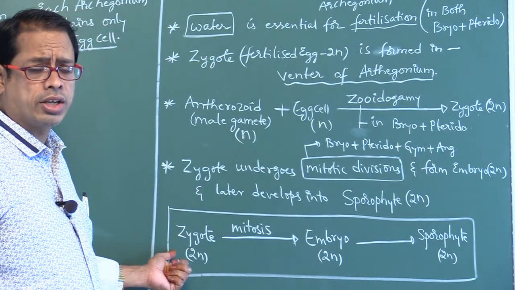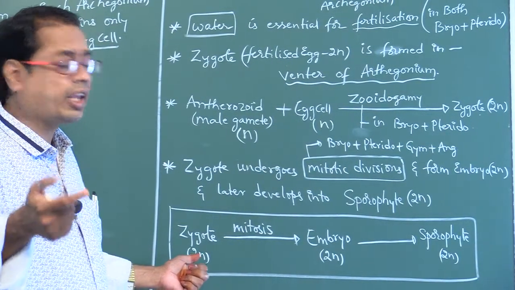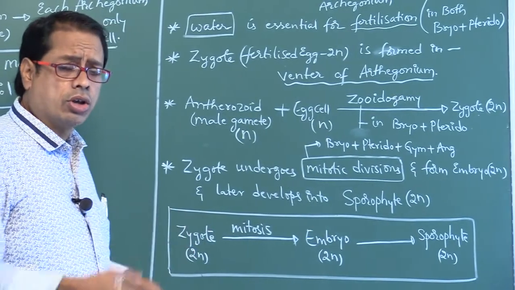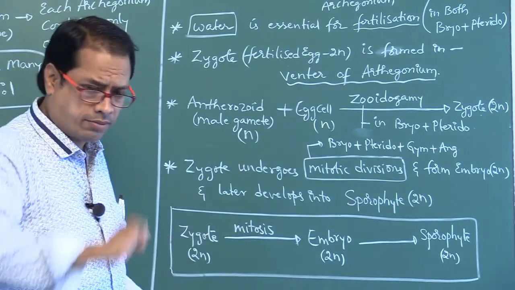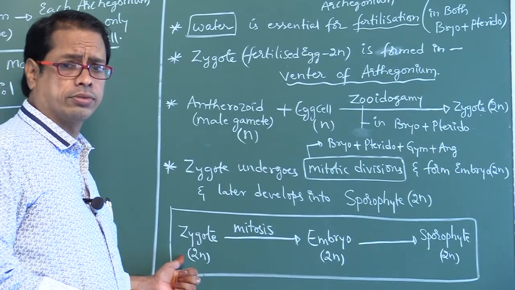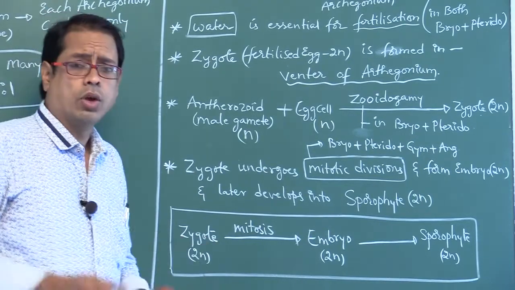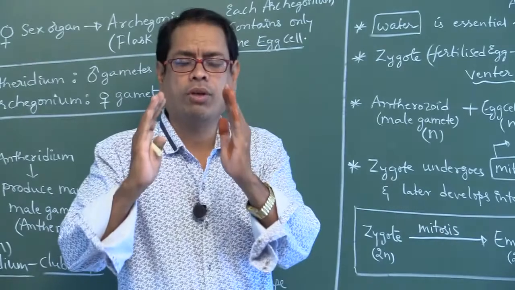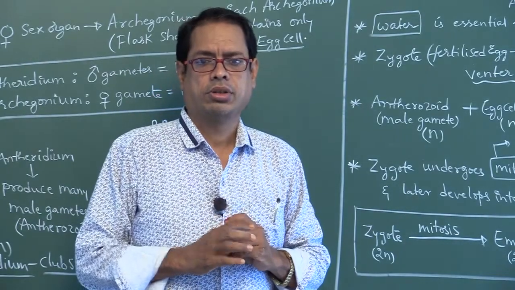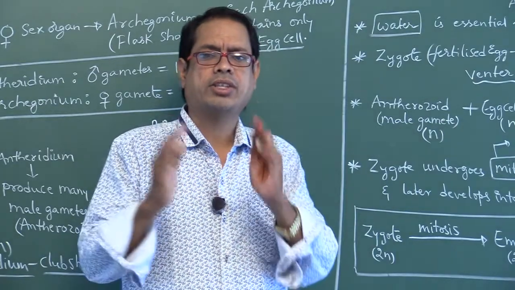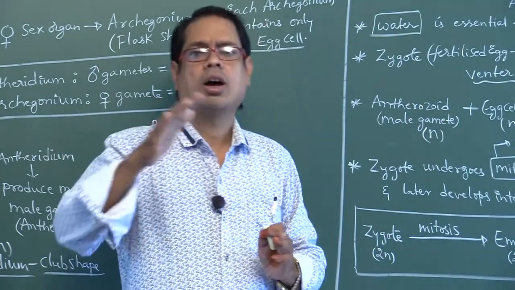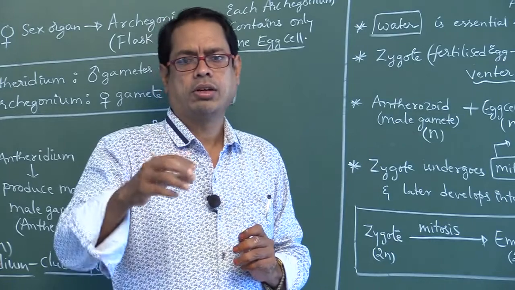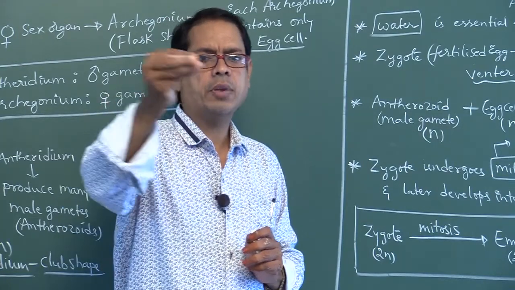Did you understand, my dear students? The first cell of the sporophyte is the zygote. So this sporophyte is developed from the zygote. What is the dominant phase in Bryophyta? Gametophyte. This gametophyte produces sex organs, antheridium and archegonium. From the antheridium, male gametes are released.